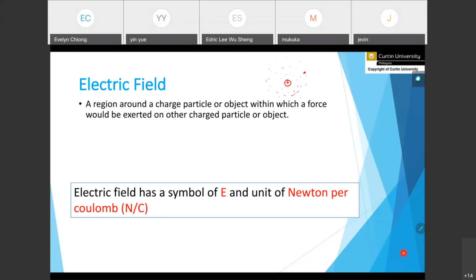Let's say this one is positive. If the test charge coming here, the red dot, is positive, so what kind of force is it going to experience? Attractive force or repulsive force from the charge?